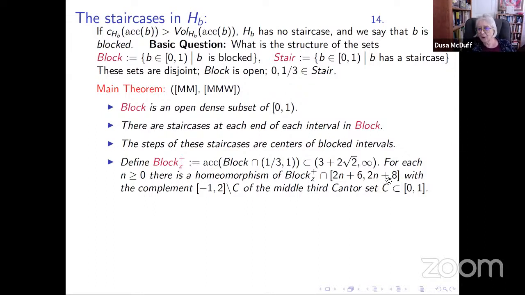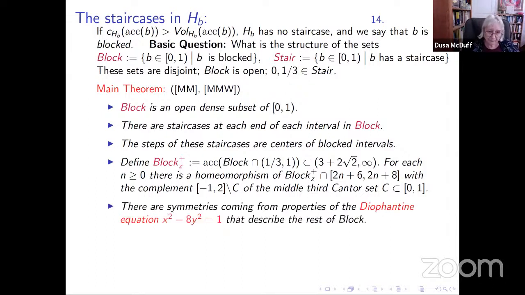Well, they look like the complement of the middle third Cantor set. So they have an interesting interwoven structure in each of these intervals. In each interval you have this family like the complement of a middle third Cantor set, and that is replicated for each interval bigger than 6. And what else happens?